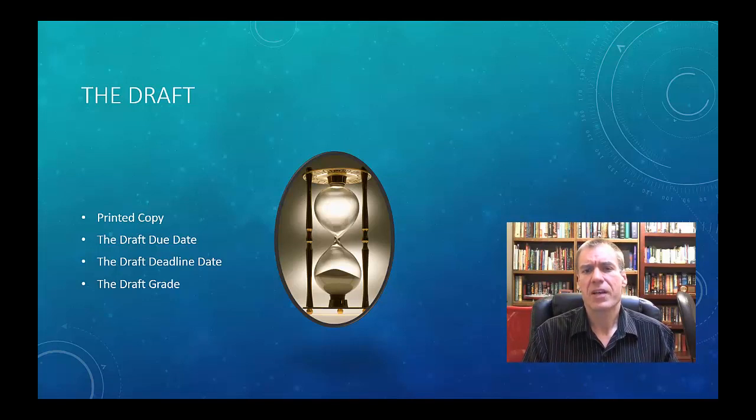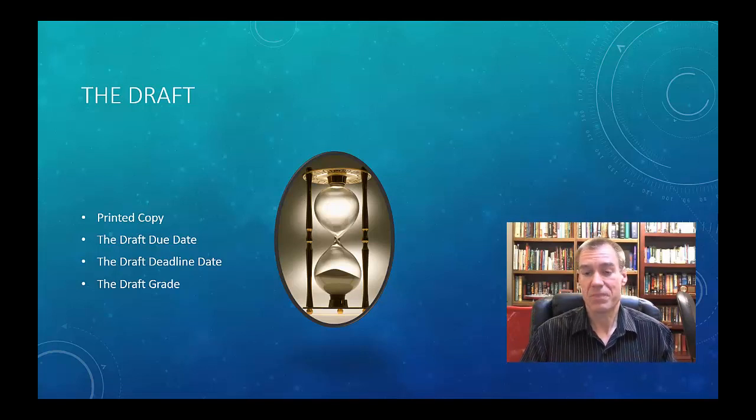Now, the way the draft deadline works is this. I'll look at drafts up until the end of my office hours on that draft deadline date. So what typically ends up happening is that people come in that last hour, and I'll have, say, 10, 15, or 20, or 30 drafts to look at. And what I'll do, to be fair, is read the drafts in order, but I'll take the amount of time that I've got left, say an hour, and divide that by the number of drafts.